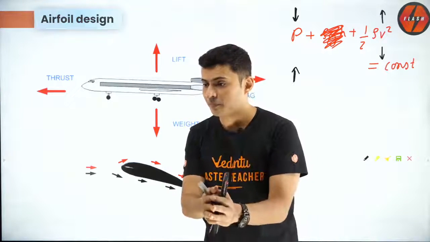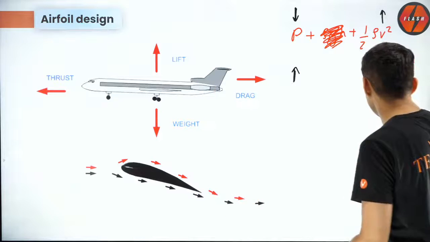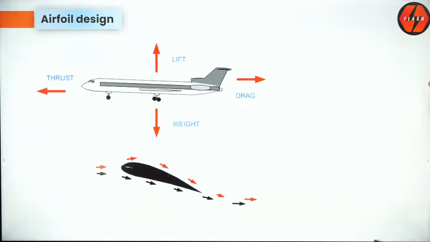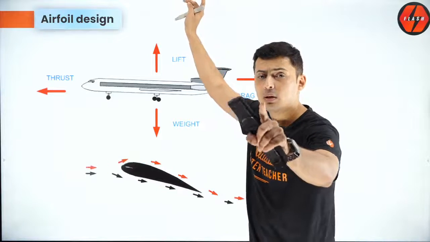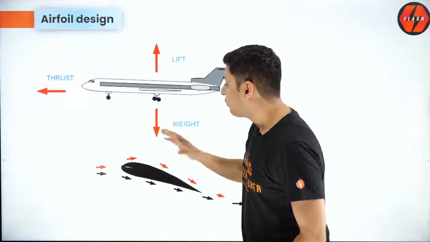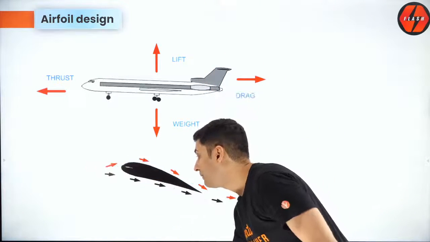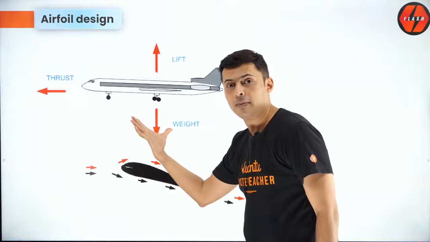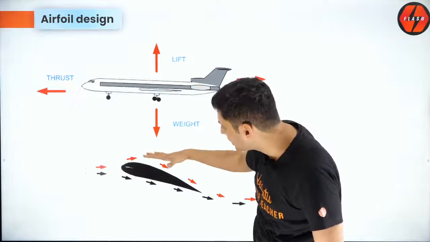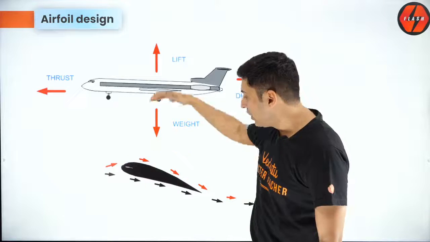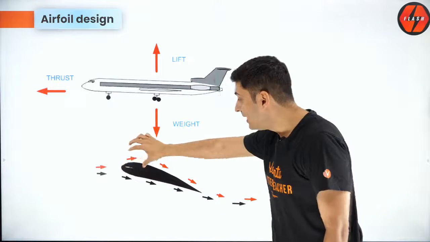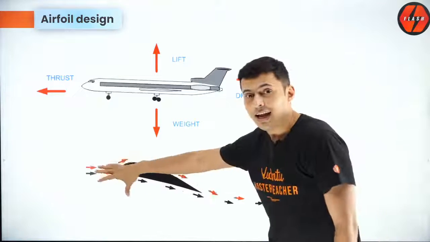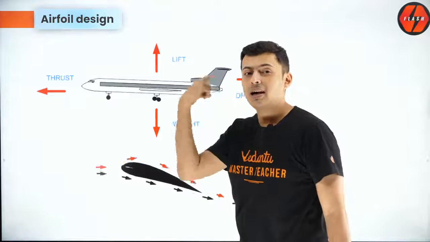So now, if you have understood this concept, think about it. In order to create that lift, what should happen? You should have a higher pressure from the bottom and low pressure from the top. So if you want low pressure from the top, that means the speed of the air moving from the top should be high.